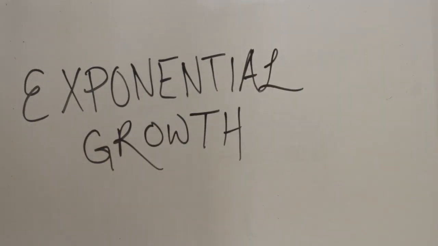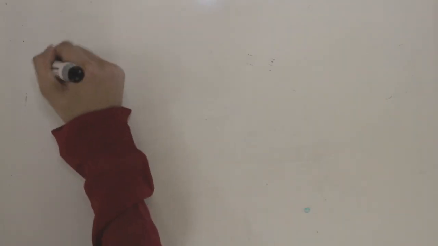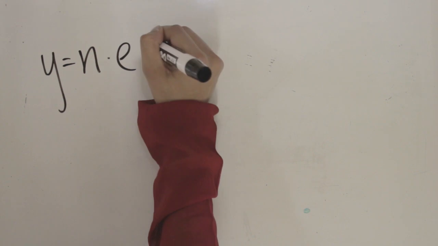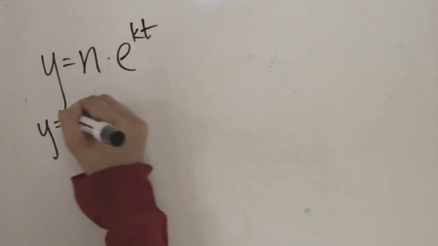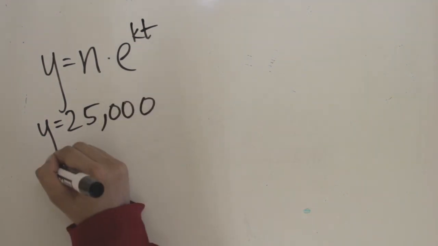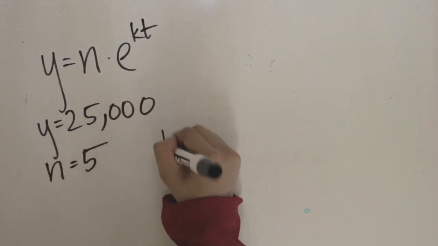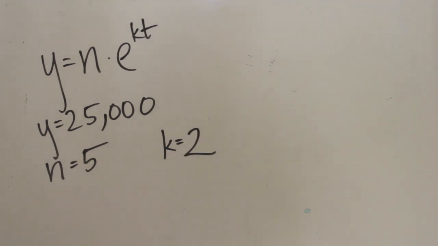Scientists studying bacteria use the exponential growth formula, which is y equals n times e to the kt, and k is positive this time. The variables stand for the same things that they did in the previous problem of exponential decay. There are 5 bacteria that double every hour. After how long will the population of the bacteria be at 25,000? We use our formula y equals n times e to the kt.